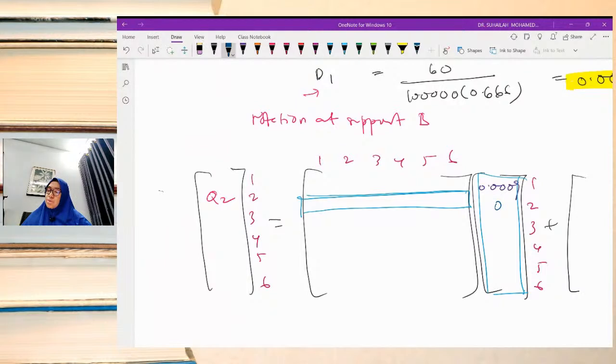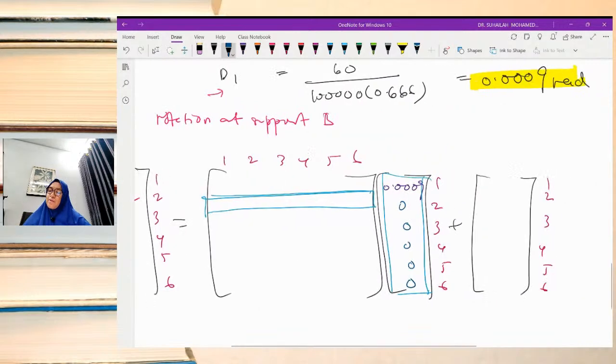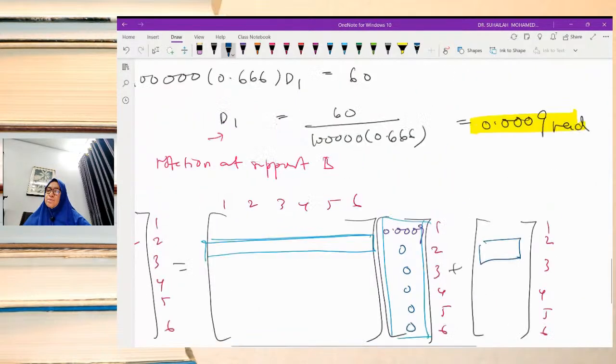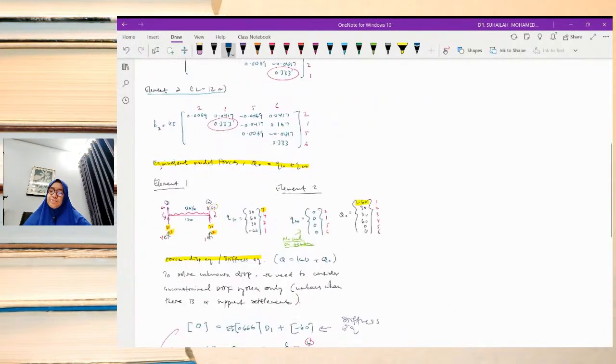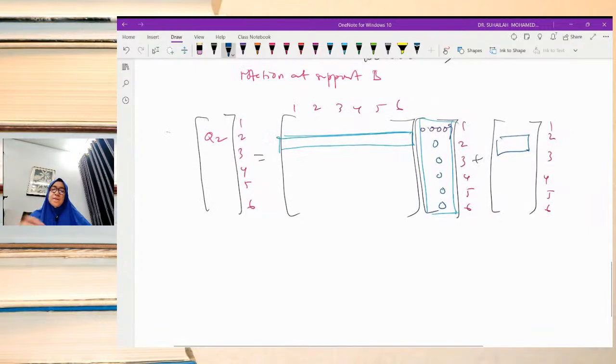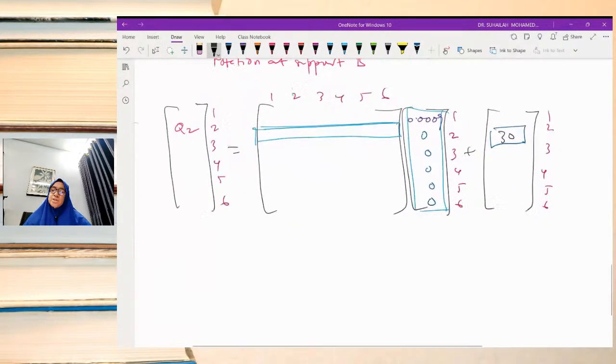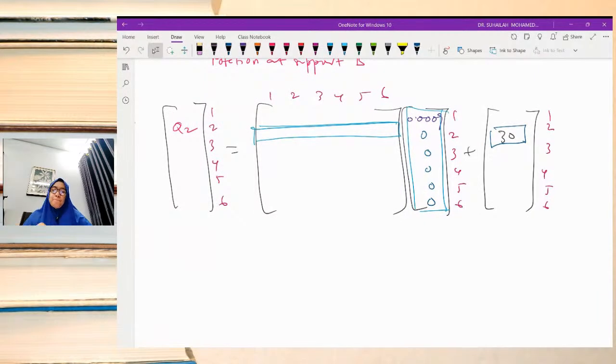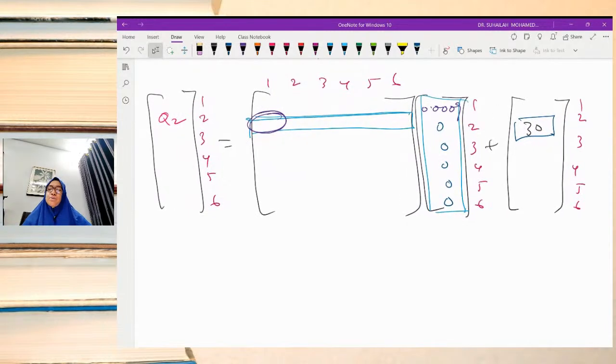Then we have to add this value, which is 30. Only one value here will give us the answer.